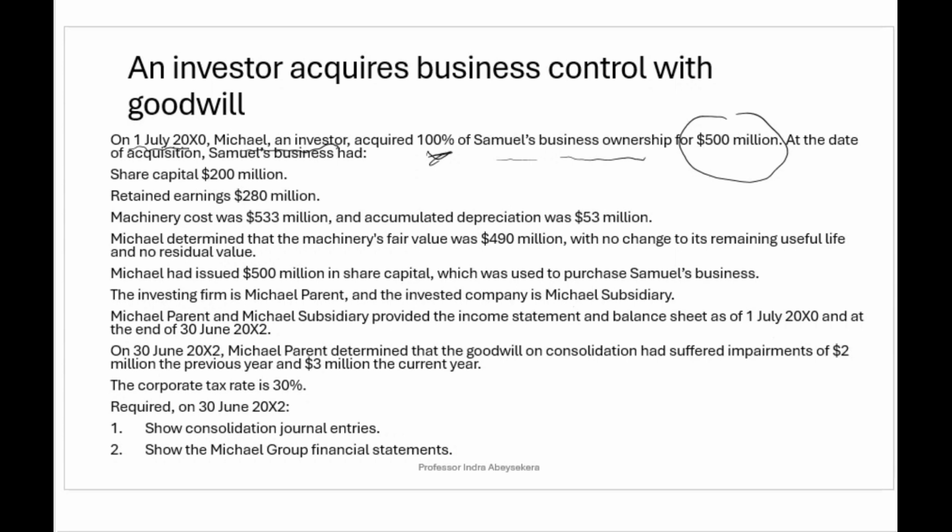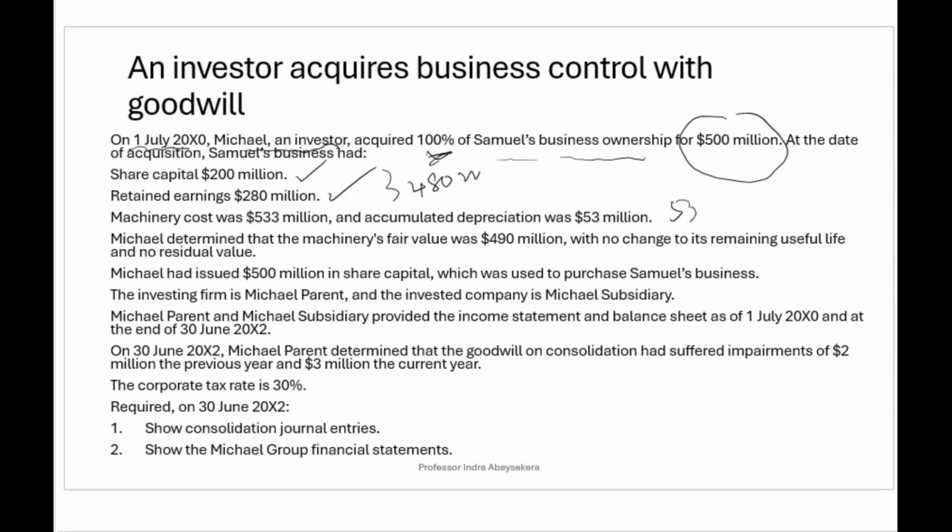At the date of acquisition, Samuel's business had $200 million of share capital, $280 million of retained earnings, together equals $480 million, and the machinery cost was $533 million, and accumulated depreciation was $53 million.